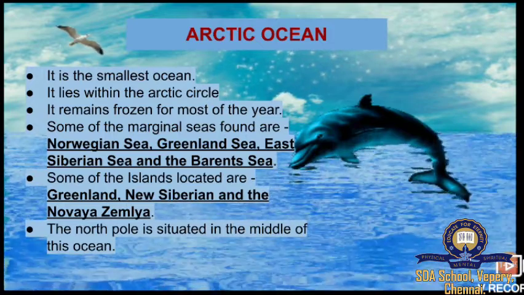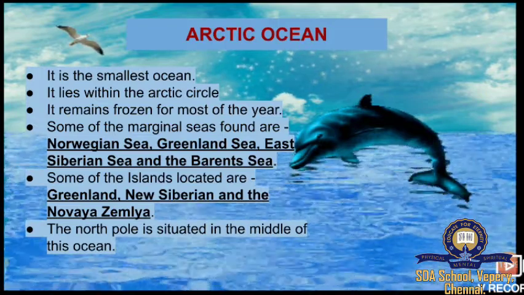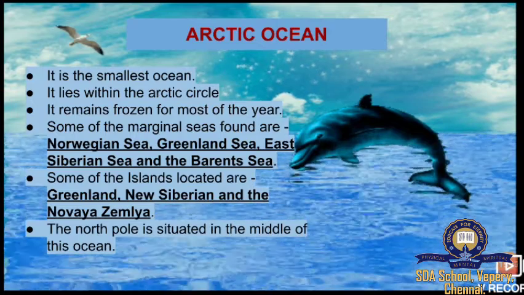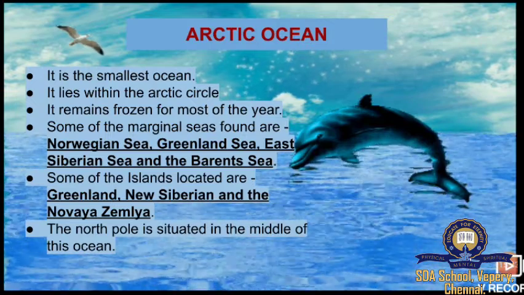So there are 4 marginal seas in the Arctic Ocean, and the islands are Greenland, New Siberian, and the Novaya Zemlya Island. So there are 3 islands and 4 marginal seas in the Arctic Ocean. The North Pole is situated in the middle of this ocean.